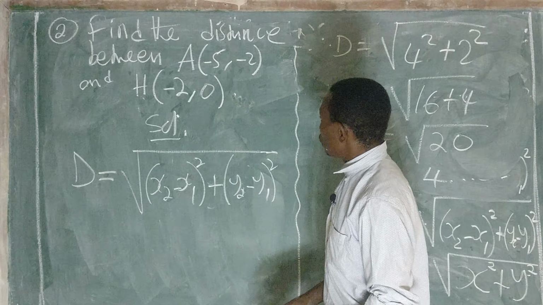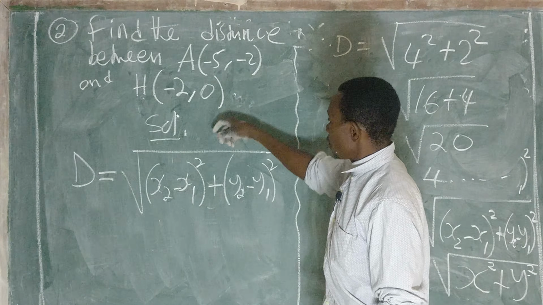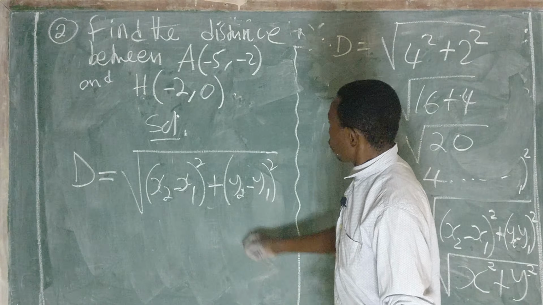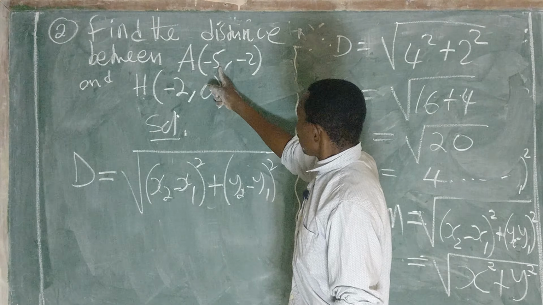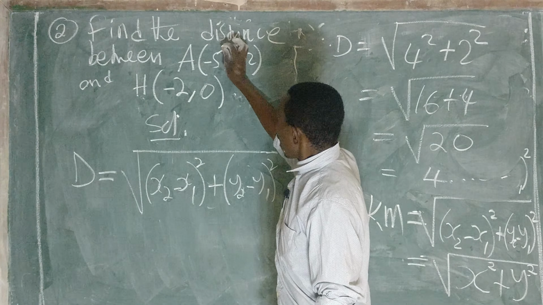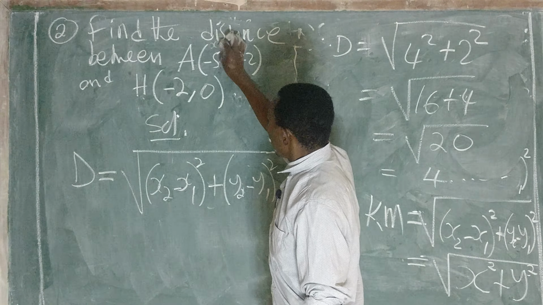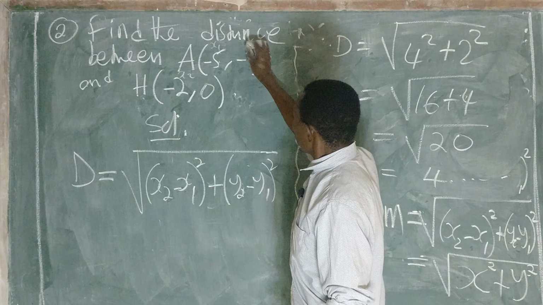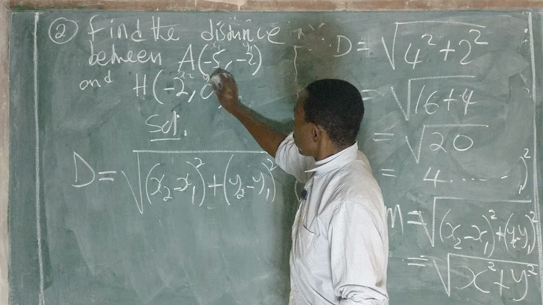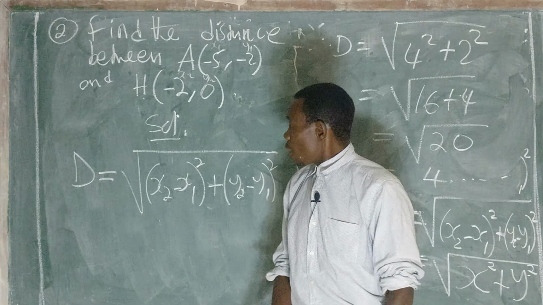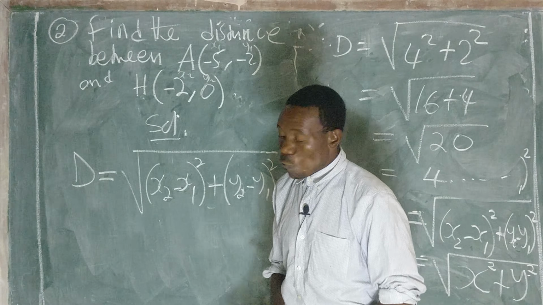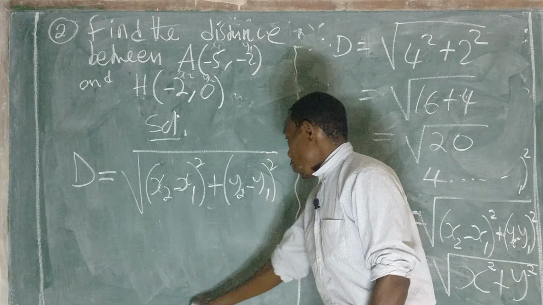So here I have to define the coordinates by notations 1 and 2. So this one is my x1. Then this one should be x2. This one is y1. This one then will be y2. So that when I'm substituting, I have to know which value should be substituted for what variable.